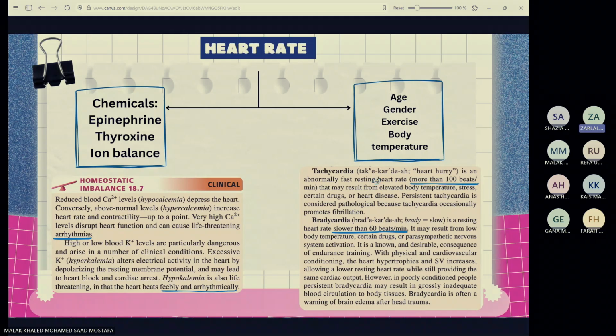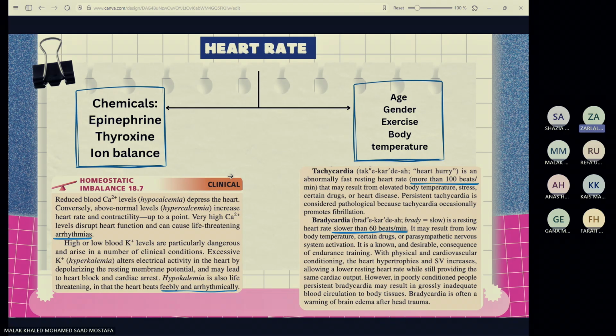Okay, here. There are certain chemicals that affect heart rate and also other factors. So we have chemicals like epinephrine, thyroxine, and the ion balance, most importantly potassium and calcium. When there are low calcium levels, the heart will be depressed. And when there are very high calcium levels, they can disrupt the heart function and cause arrhythmia, like abnormal rhythm.